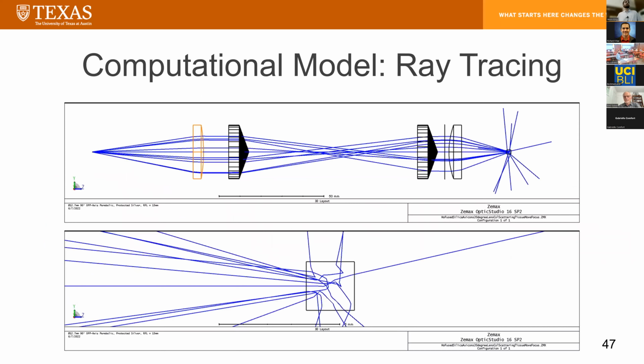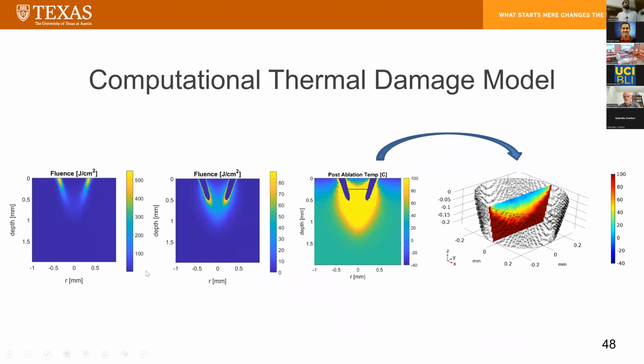This starts with ray tracing in Zemax, where we put a tissue at the end of our optical train, and we can simulate the scattering and absorption of the light through the tissue. We then put this into MATLAB, where we can look at the fluence versus depth and radius through the beam, and remove the irradiation that's above the fluence threshold for ablation.